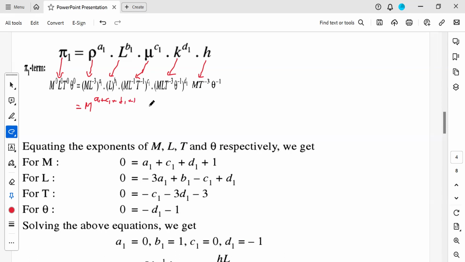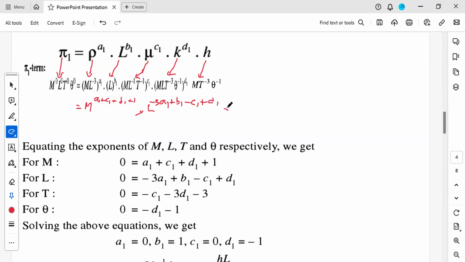Similarly for L, the powers will be minus 3a1, here b1, here minus c1, here plus d1, and in the last one we don't have any L term.